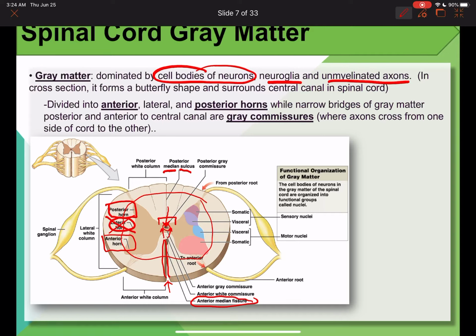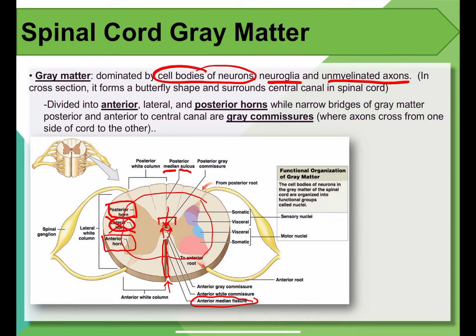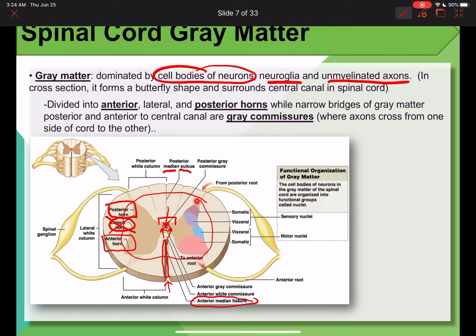So that's how, on histology of the spinal cord or models of the spinal cord, you can tell which is the anterior side and which is the posterior side. It's by looking for this gap right here in the anterior portion, or you can look for the connection or smaller wing of the butterfly shape here. And usually the posterior root and horn are closer to attachment than right here.